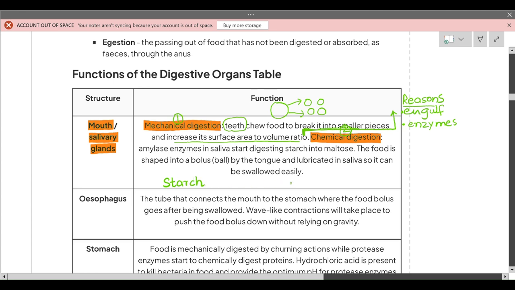And what is the product formed as a result? What is the product of chemical digestion of starch in your mouth? Amylase is the enzyme that works on the starch, but the product is different. Any other answer?